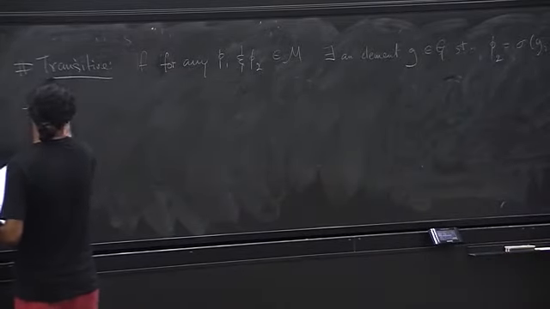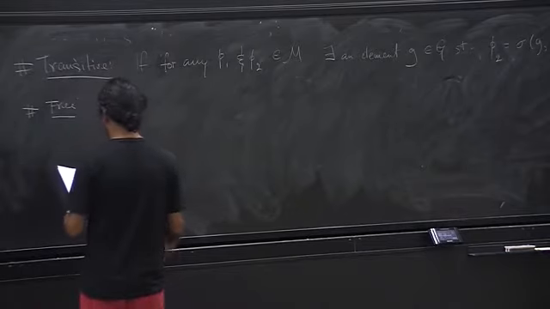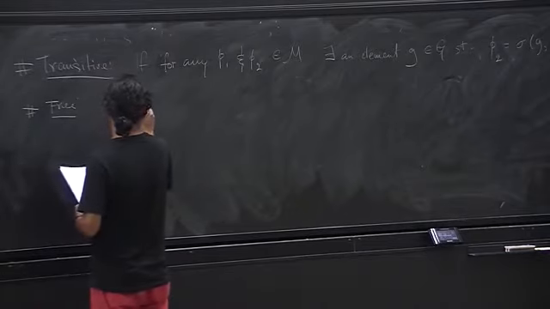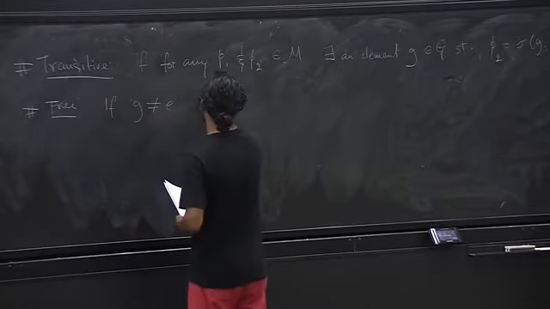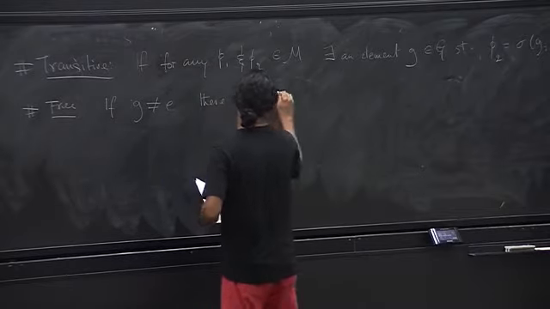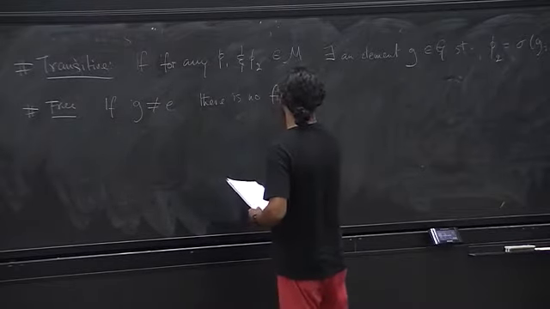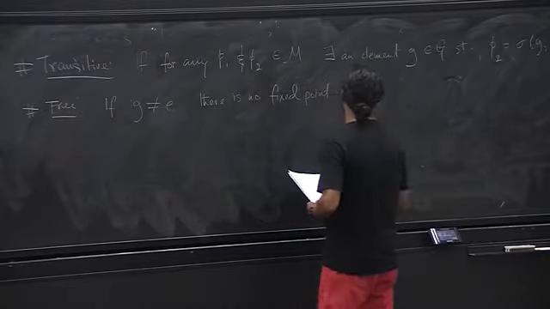A group action is free if for G, which is not equal to E, there is no fixed point of the action.